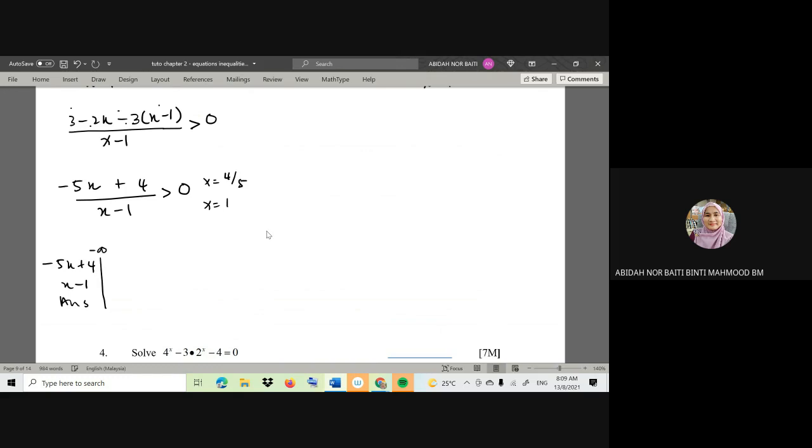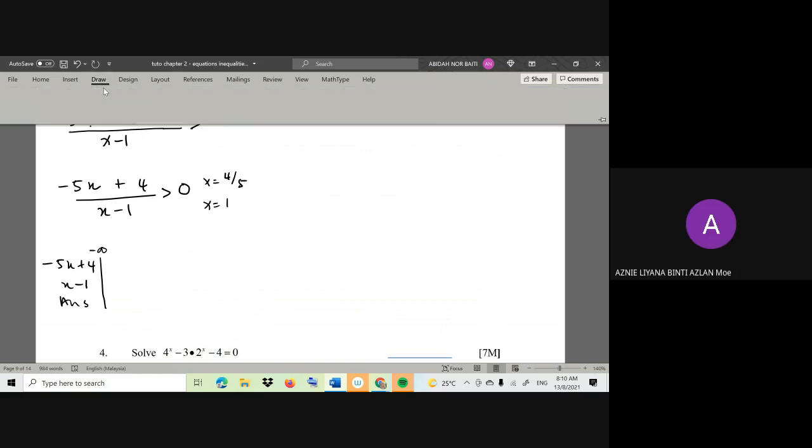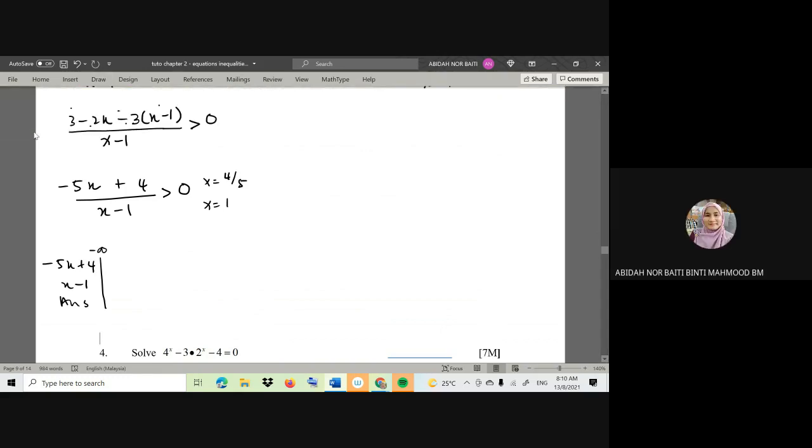Okay, so here we start from negative infinity. Which first, 1 or 4/5? Madam, the negative 5x plus 4 is actually negative 5x plus 6, right?